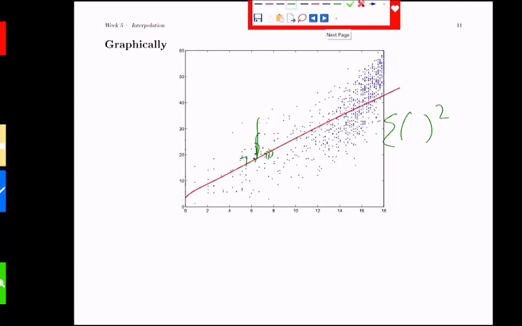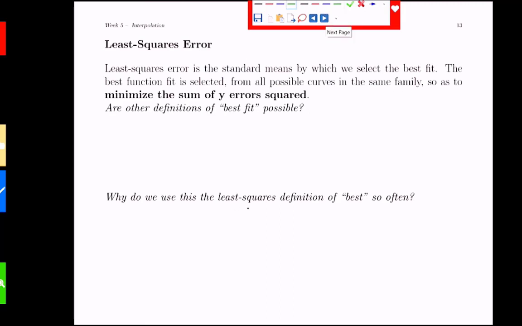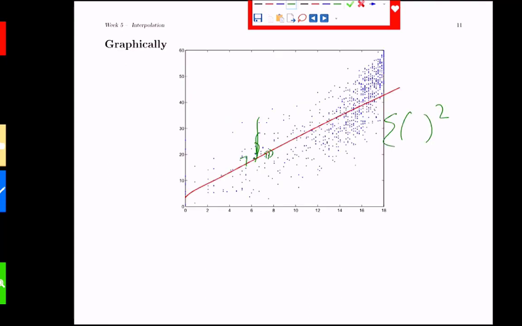Actually, another good reason for this, I think it's the next page actually. Let's get that. First of all, are there other definitions that would make sense? Besides taking those distances and squaring them and adding them up, is there anything else you could think of that would make a reasonable error choice? Absolute value, right.